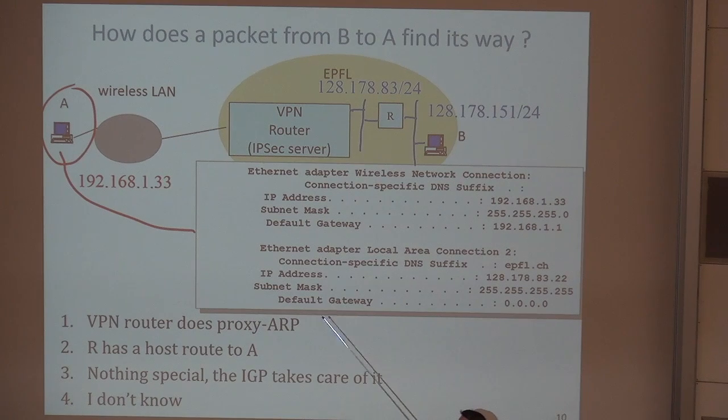I did that here, so I obtained this address, which is a private address of a wireless LAN. I connect to a VPN server, which is often called a VPN server, but is in fact a router, that terminates the tunnel. There is a tunnel between me here, and this machine, which is now a router, and this tunnel goes over the wireless LAN.